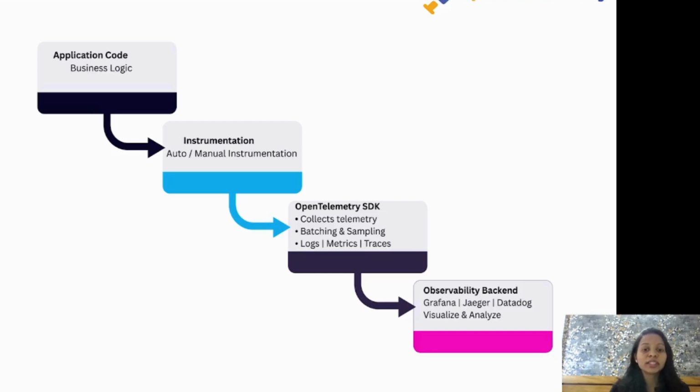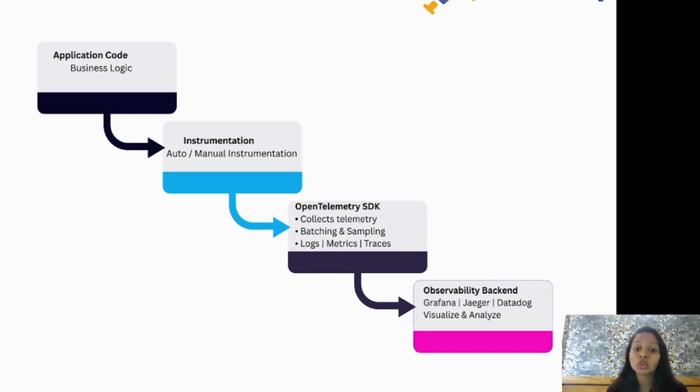Now let's zoom out and look at the big picture of the architecture. Inside the application, we have instrumentation, the OpenTelemetry SDK, then the exporter. Outside the application, we have the OpenTelemetry collector and the observability backends like Grafana, Jaeger, Datadog. This separation is intentional.